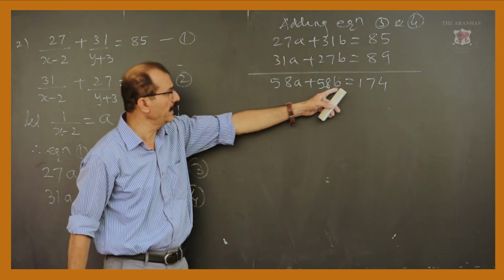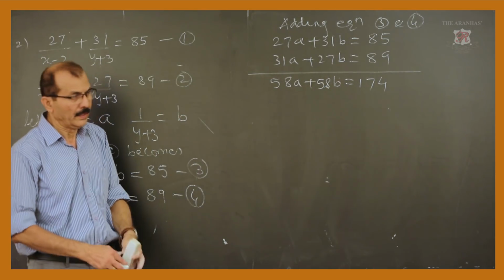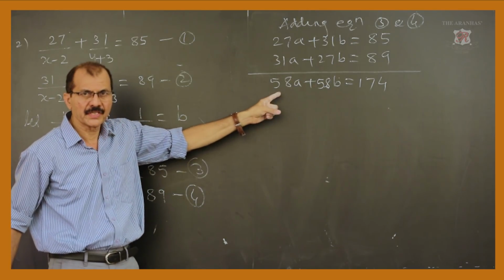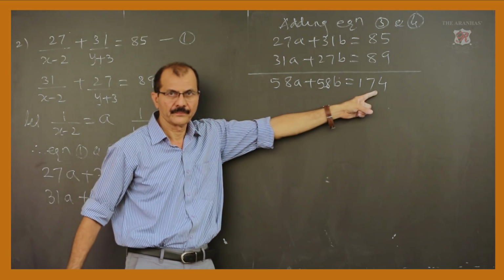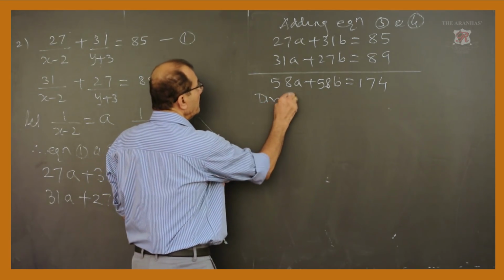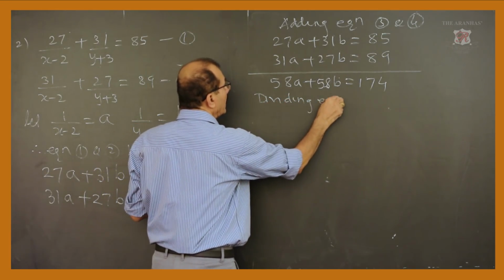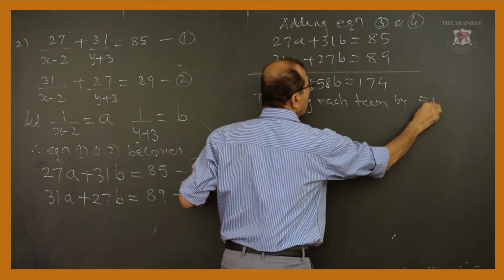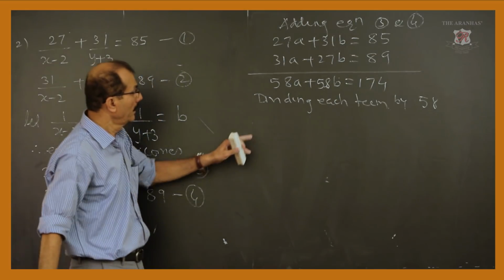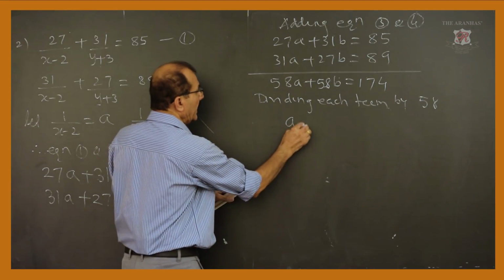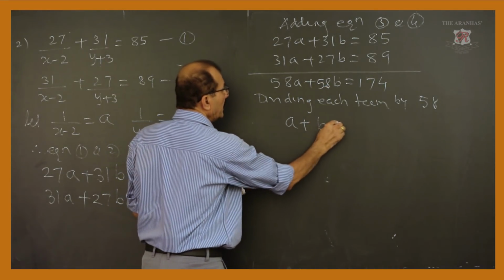58a plus 58b is equal to 174. You can divide each term by 58. So, if I divide each term by 58, 58a upon 58 means I will get a, here I will get b.